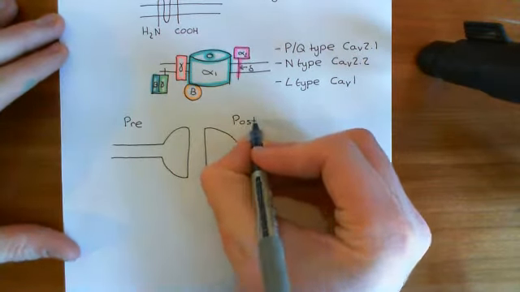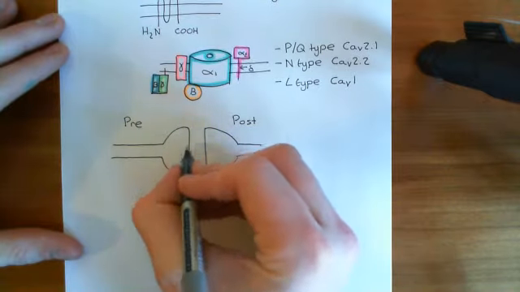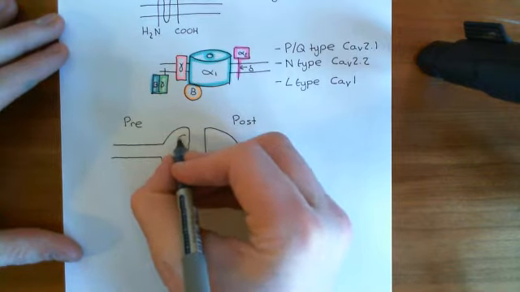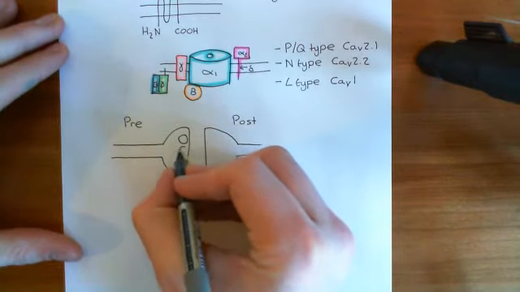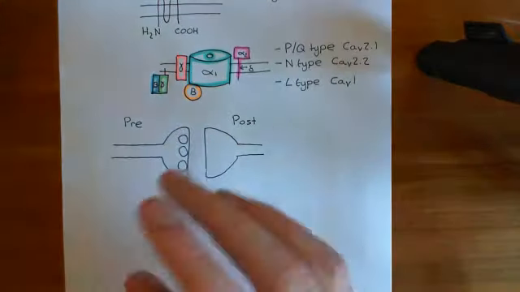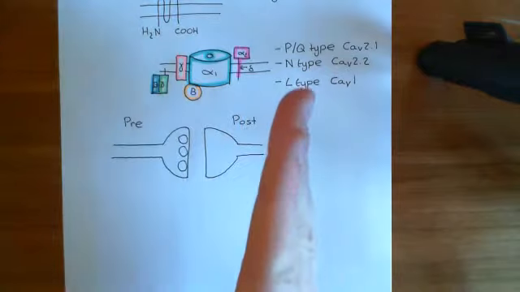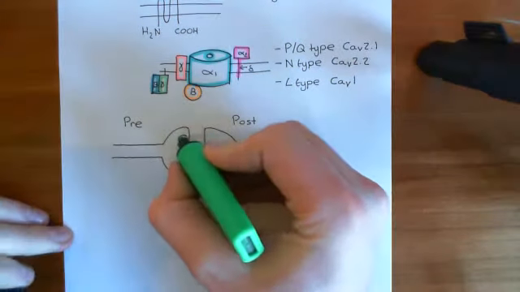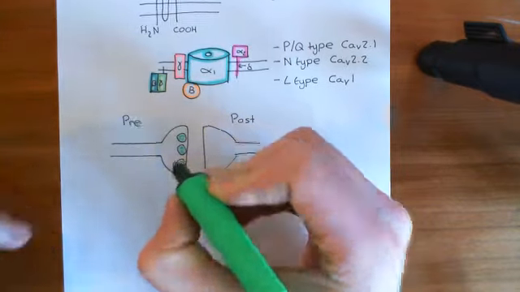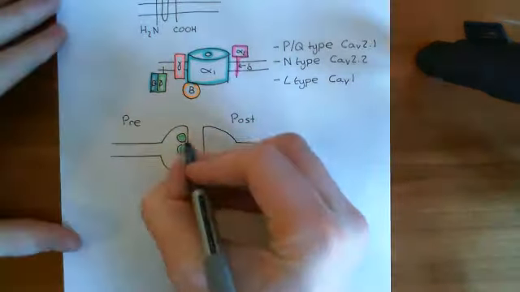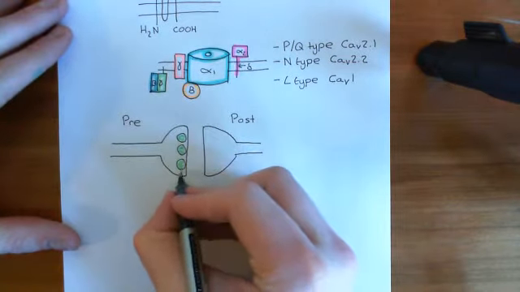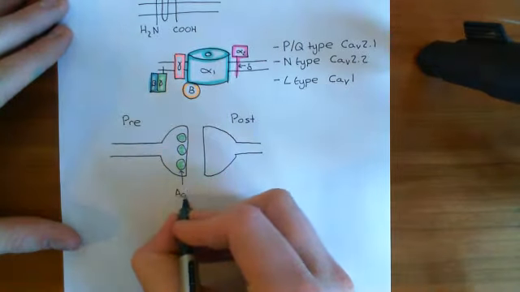Basically, in the presynaptic neuron's axon terminal, what you will have is synaptic vesicles, which are full of neurotransmitter, and which are docked at the presynaptic membrane, so they're held right up against the presynaptic membrane. I'll put little green dots in here to represent the neurotransmitter. And this zone within the cytoplasm that's close to the presynaptic membrane is known as the active zone.